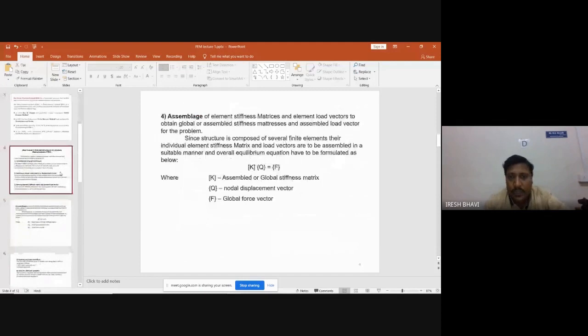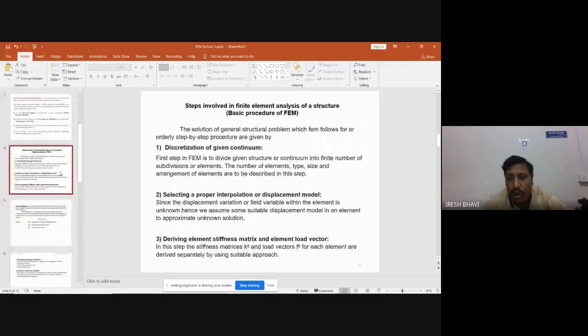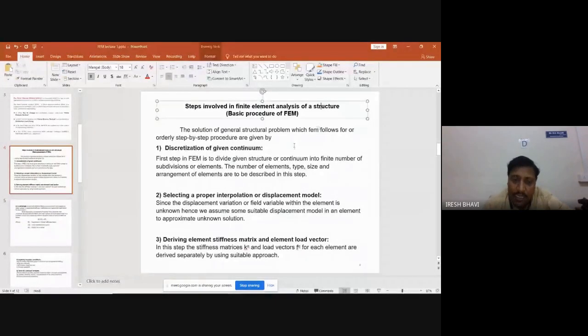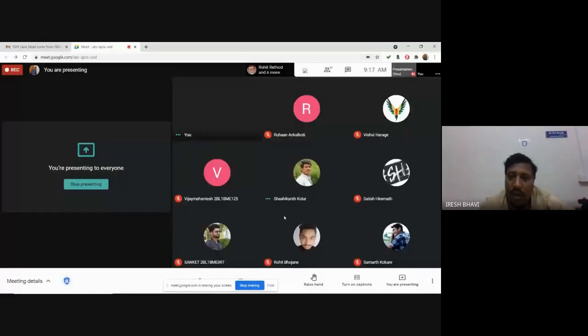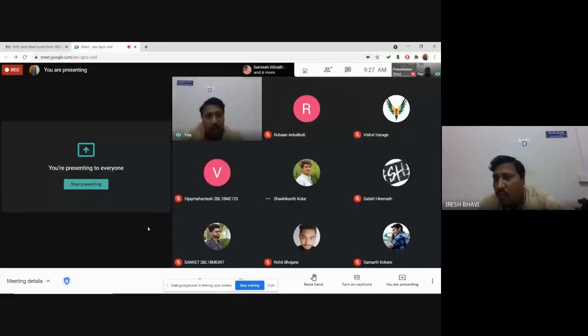So in FEM, the same concept is applied. Means what? We will divide this body into a finite number of elements, regularly divided into finite, means countable, number of elements.